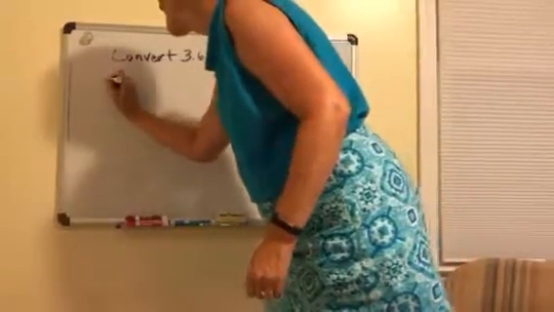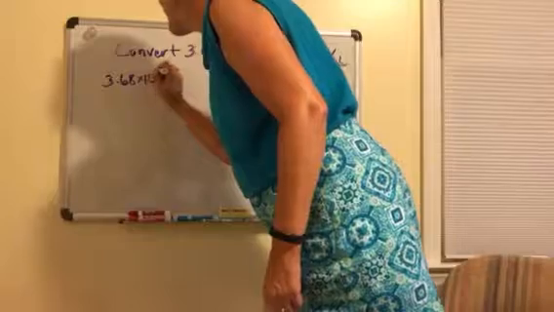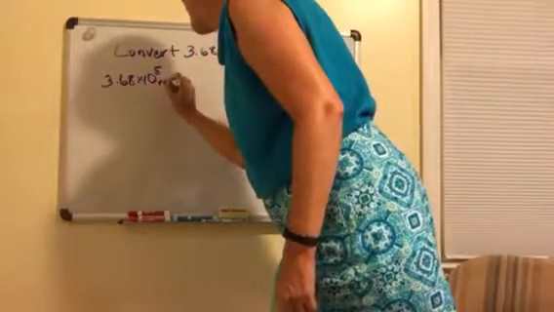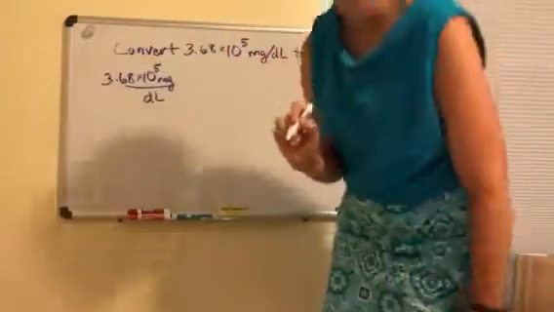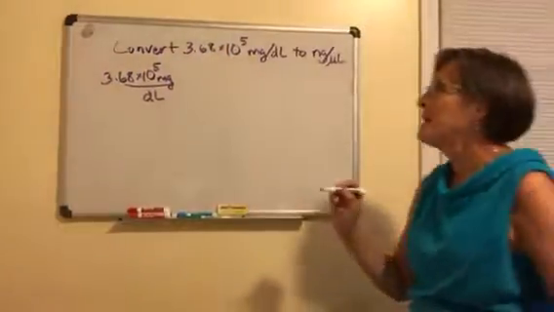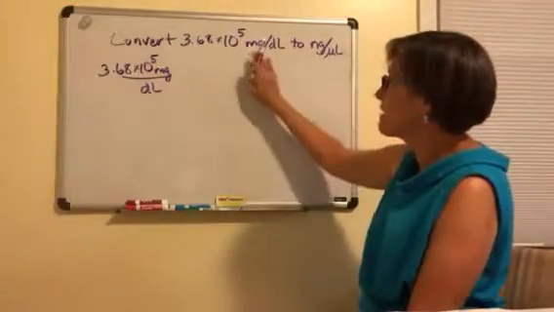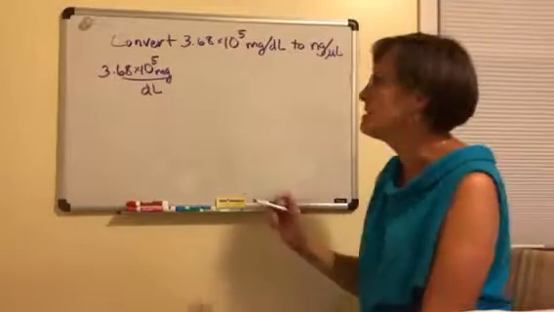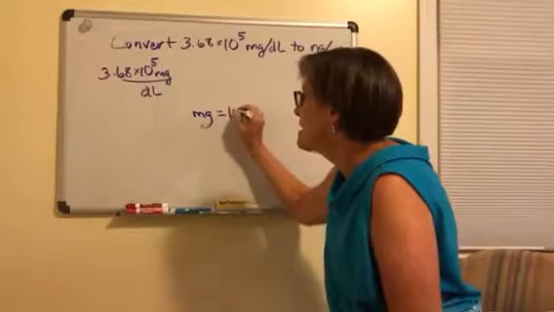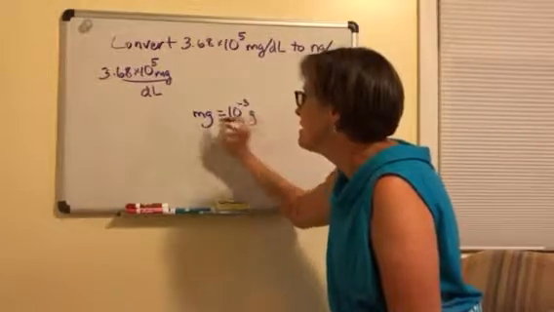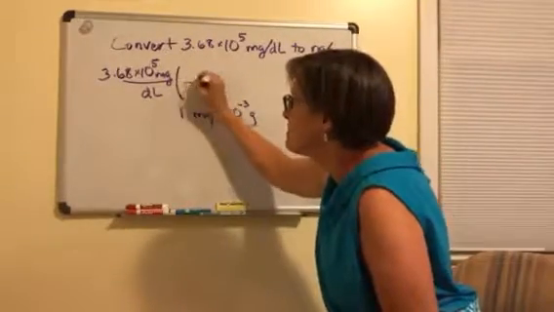Here we go. We're going to start with 3.68 times 10 to the 5th milligrams per deciliter. I'm not going to put in the 1 in that denominator. We can work through our mass conversions here pretty quickly. We've got to go from milligrams to nanograms. The prefix milli means 10 to the negative third. So 1 milligram is going to be 10 to the negative third grams.